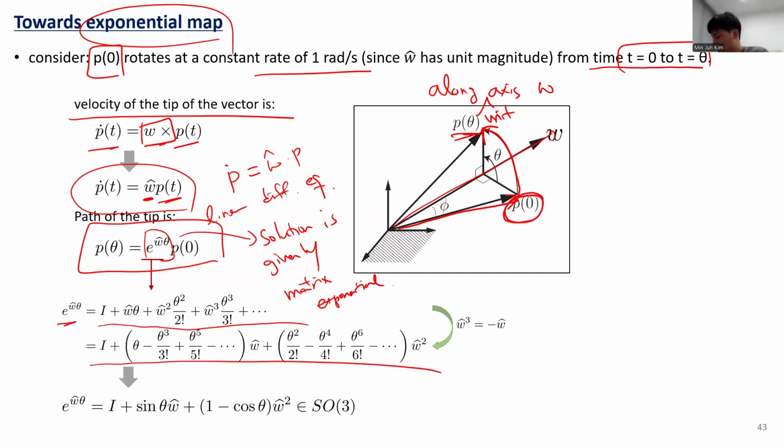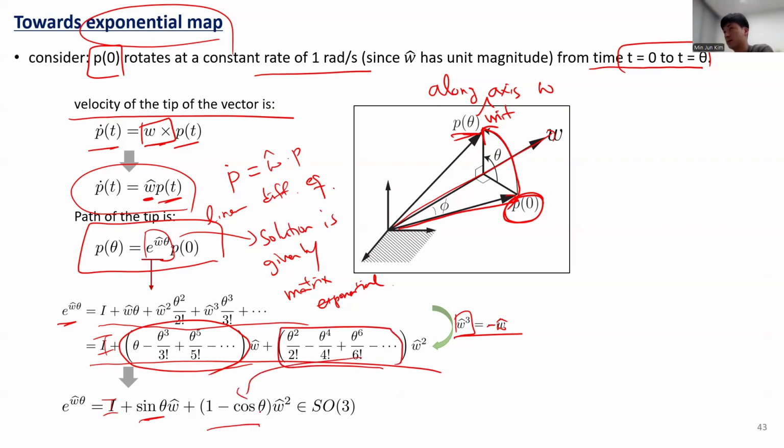Another interesting fact is that if you do omega hat cubed, that becomes minus omega hat, okay? And this identity is here. And this part is just the infinite series of sine theta. And this one corresponds to 1 minus cosine theta. Okay, so this matrix exponential can be represented in this way.